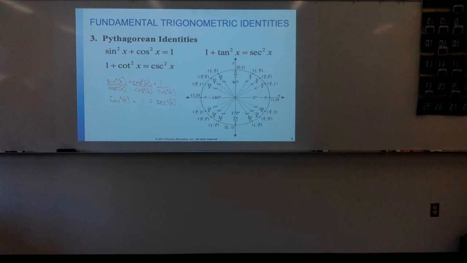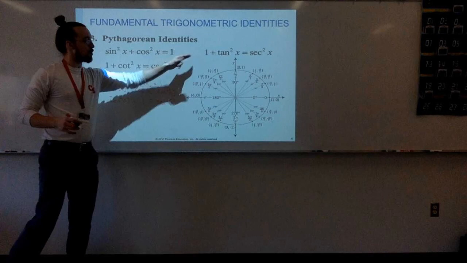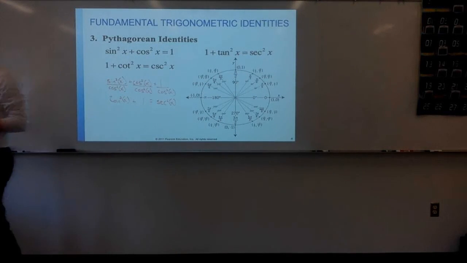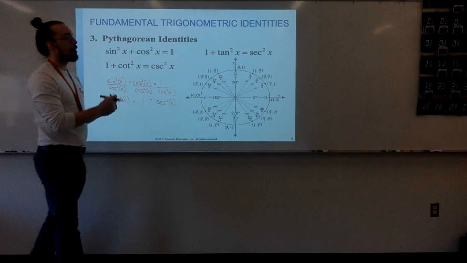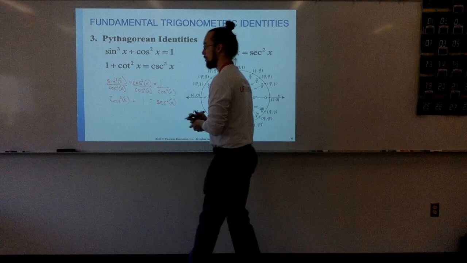So all three of these are very closely related. If we start with sine squared plus cosine squared equals 1, we can easily derive these other two. Now, we may also end up using other manipulations of all of these. I can add or subtract pieces to other sides of the equation.